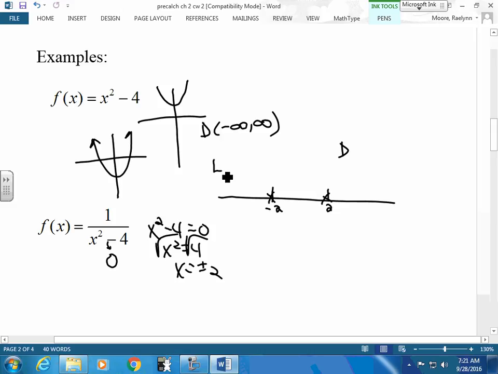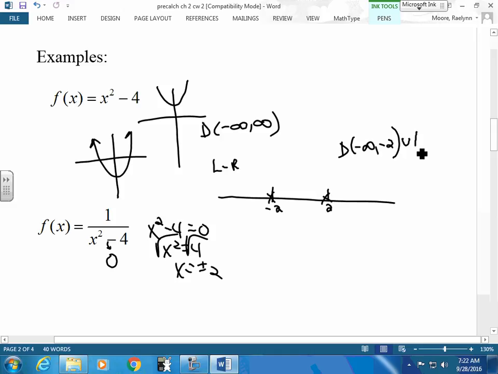Read left to right. You're coming from negative infinity. You're stopping at -2. It's a soft bracket because I can't use -2. I can use -2.0000001, but I can't use -2. I jump over it. I can use -1.99999.